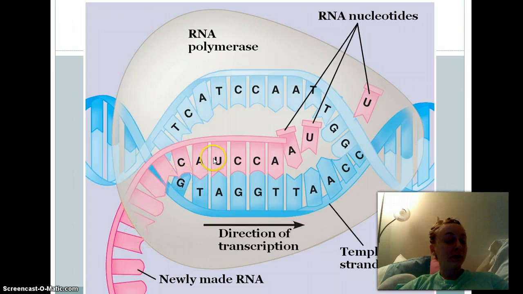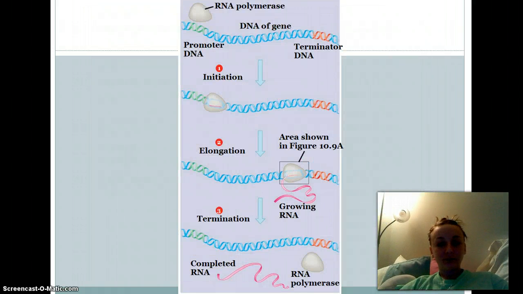Keep in mind it's single stranded. You'll notice that instead of T here we have U, which we already talked about. So that T is replaced with U. This polymerase is what's catalyzing the reaction. It's what's adding those RNA nucleotides onto that growing strand and making our message.